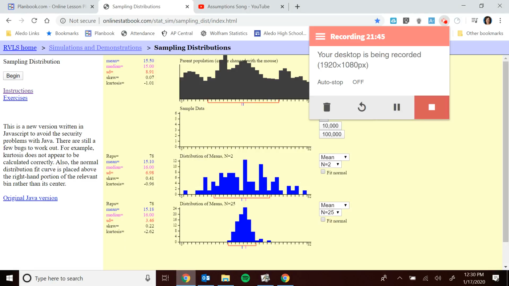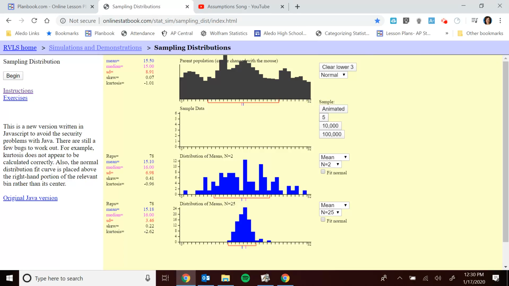So, let me kind of mention what's happening with this. This here is a good way to demonstrate what the central limit theorem is saying. Central limit theorem says that we may or may not know the shape of this population.